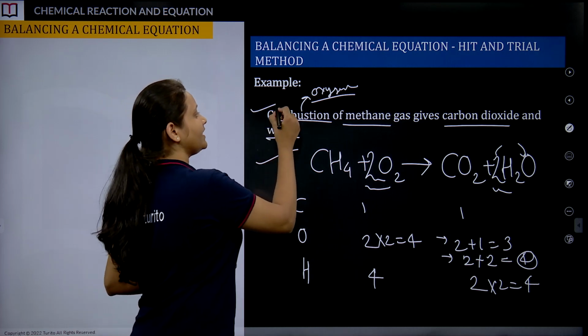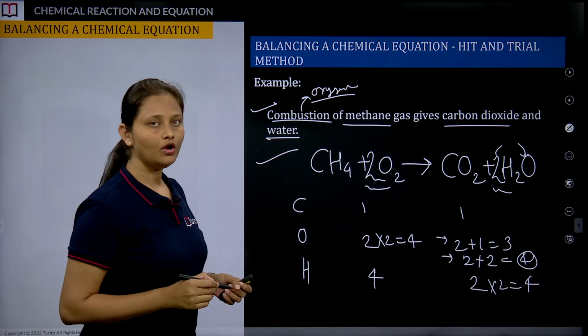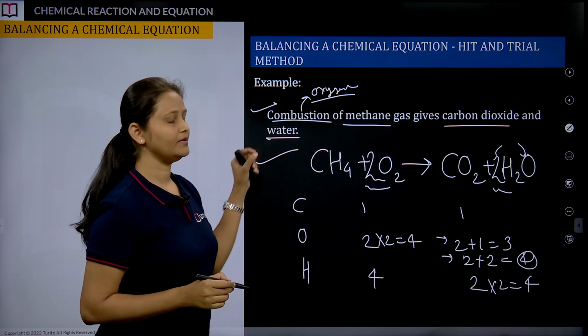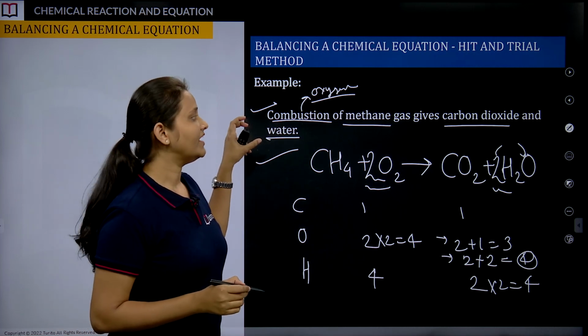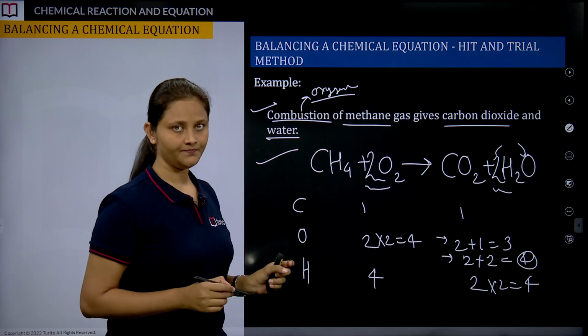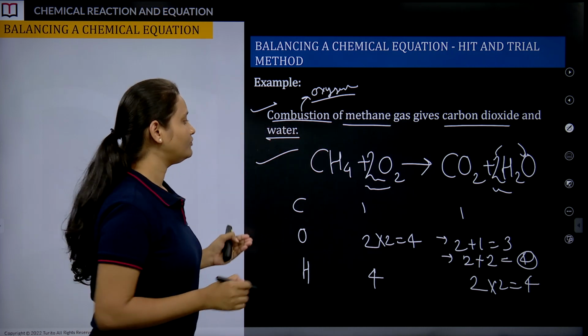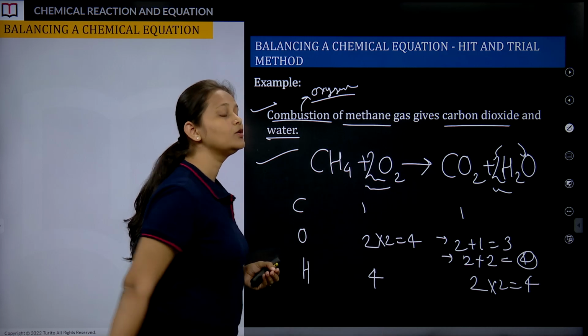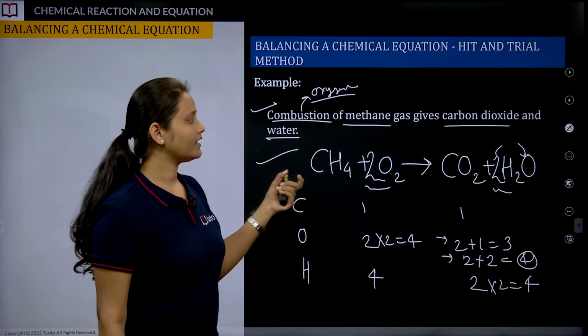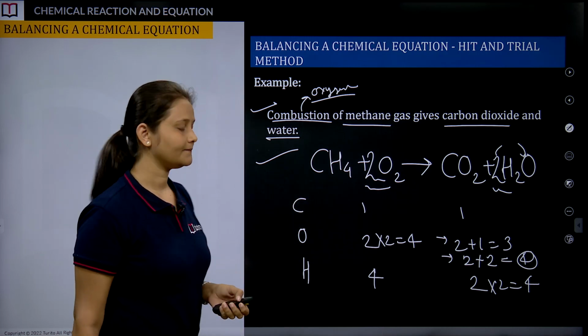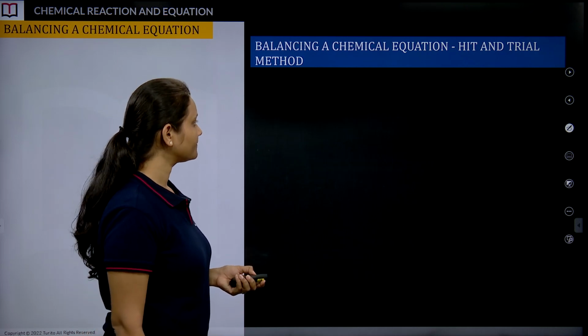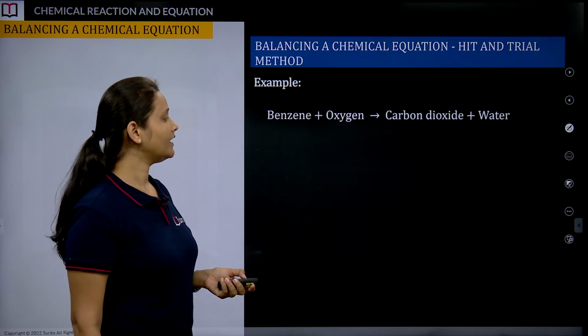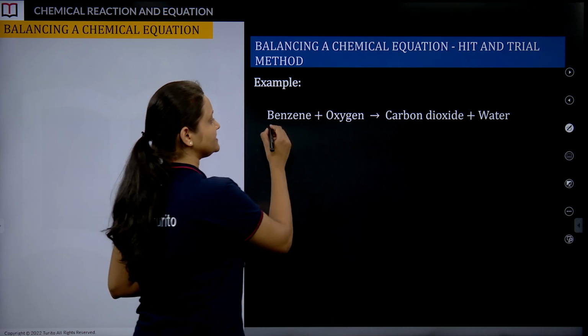So this is a different type of example I have kept for you all. Here only equation, word or sentences were provided, okay. Then you will have to write the equation with their chemical formulas, okay. Moving ahead, we are having benzene, okay.